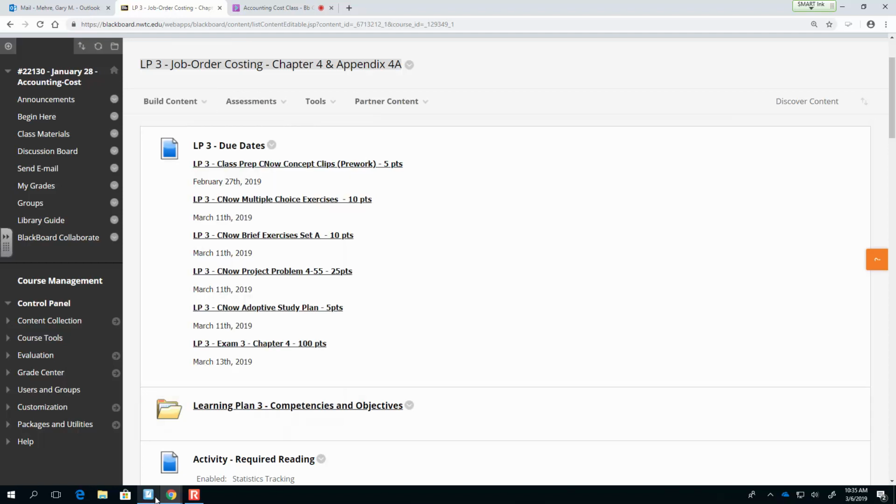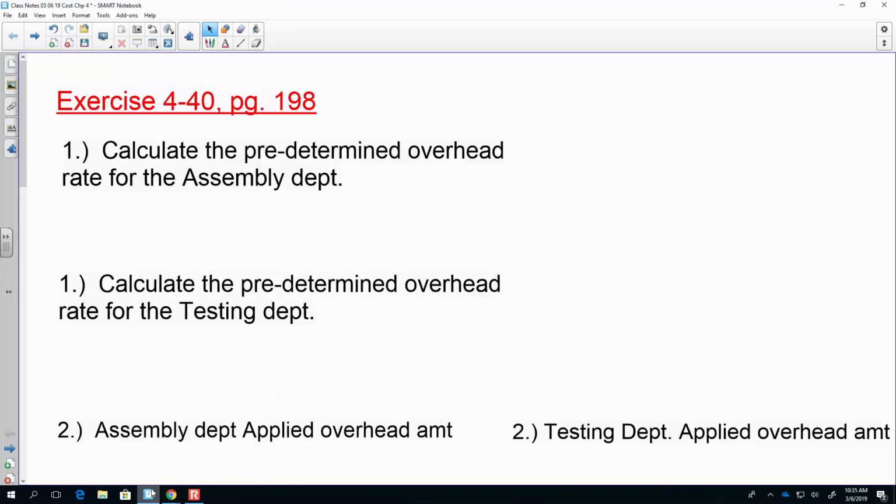All right, so I want to start just to kind of get us back in the groove again with problem or exercise 40 on page 198. And the scope of Chapter 4 has us do our job cost reports.